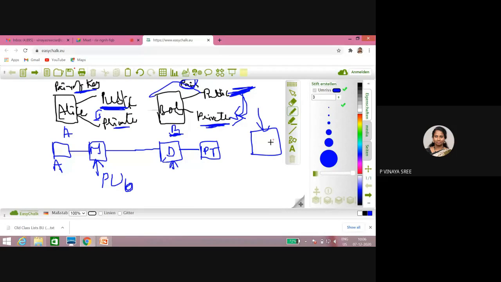There are different ways of sharing a public key, but let us suppose everyone communicating in a network shares their public key through broadcasting, so that whenever Alice wants to communicate with Bob, Alice will encrypt the message with the public key of Bob. So this is used. Which one is used for decryption?